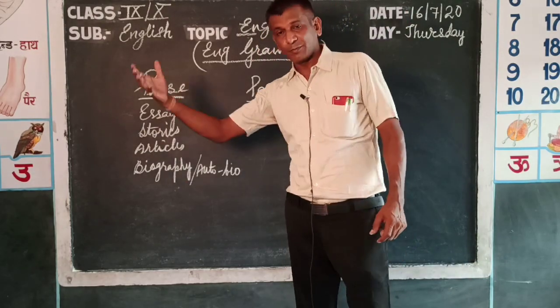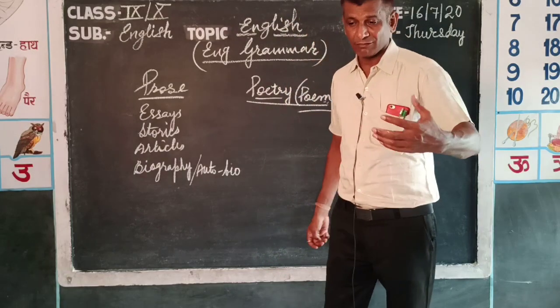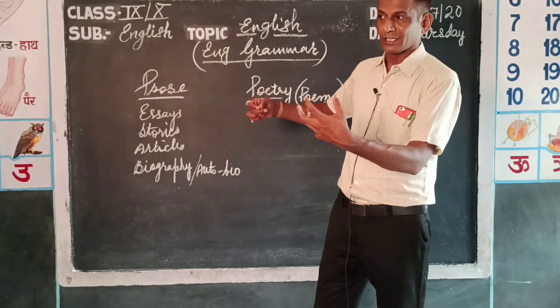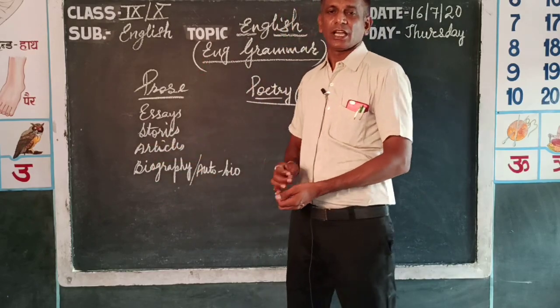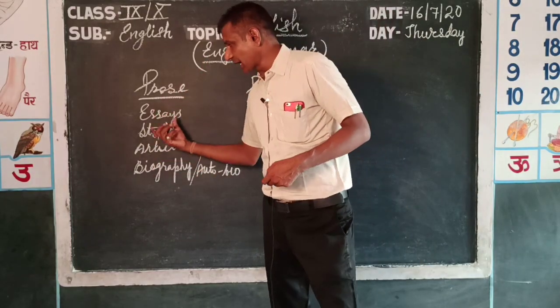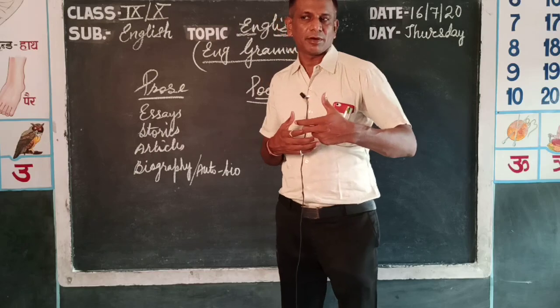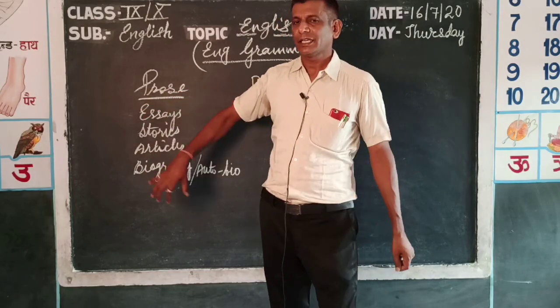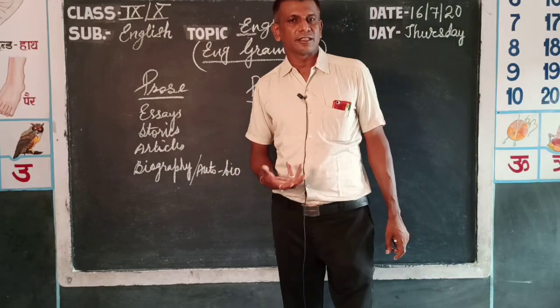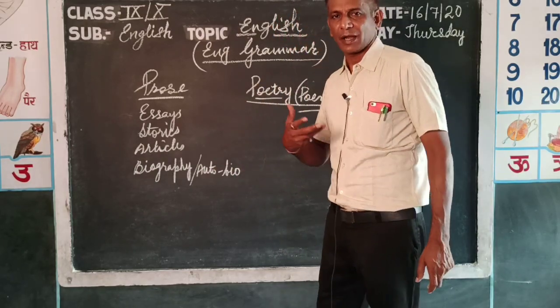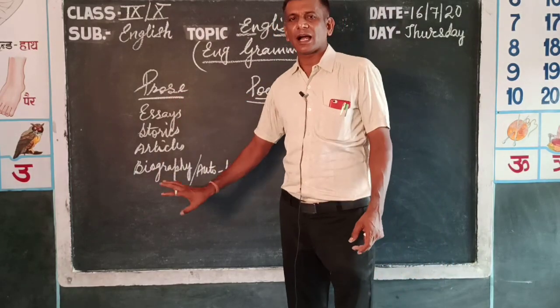So when you study prose, you have to learn about the parts of word or parts of speech, like you study noun, you study about pronoun, adverb, adjective, conjunction, interjection, preposition, all these parts.